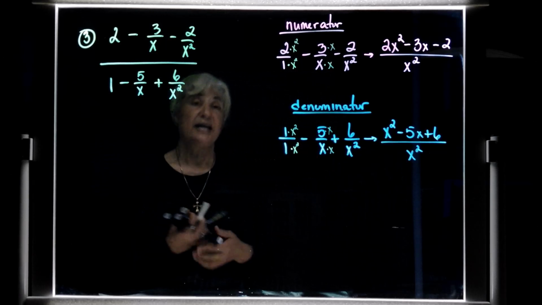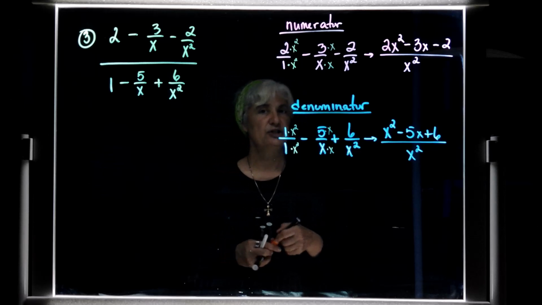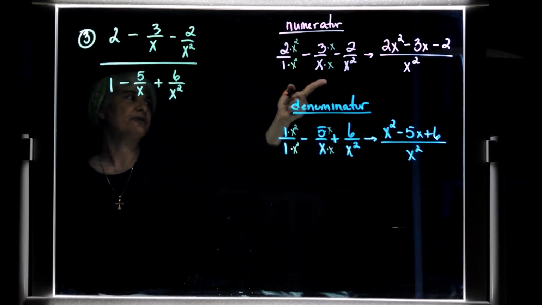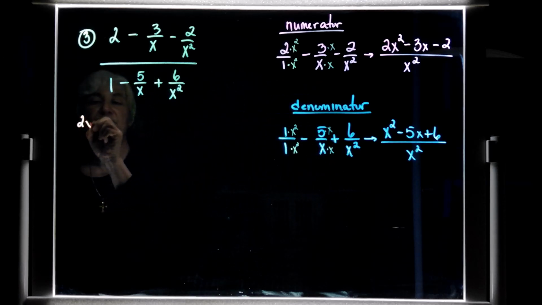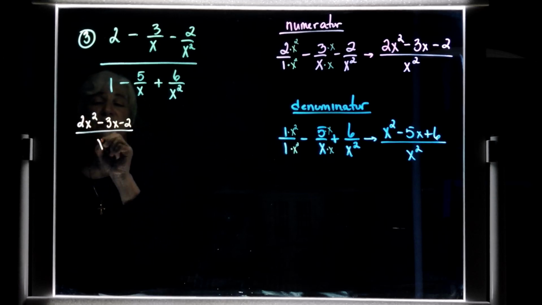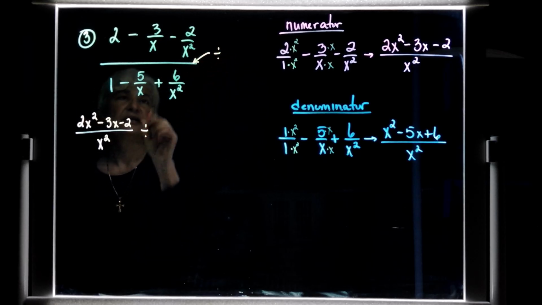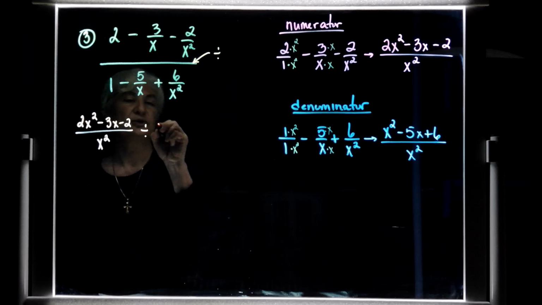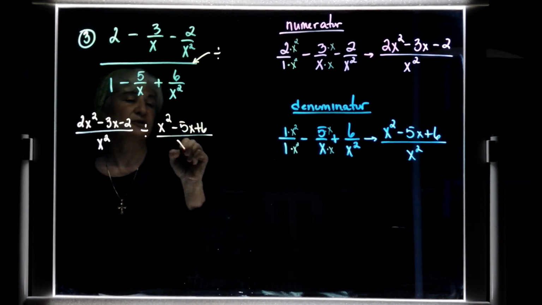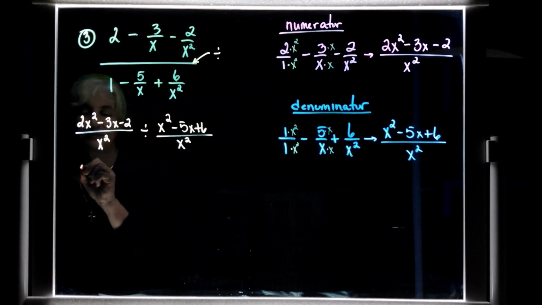Okay, now we have the numerator and denominator figured out. What'd you do? Rewrote. So the numerator, which is 2x squared minus 3x minus 2 all over x squared, good, divided by the denominator, which is x squared minus 5x plus 6 all over x squared. Reciprocate, I hear you.